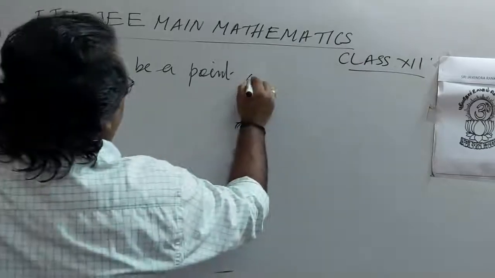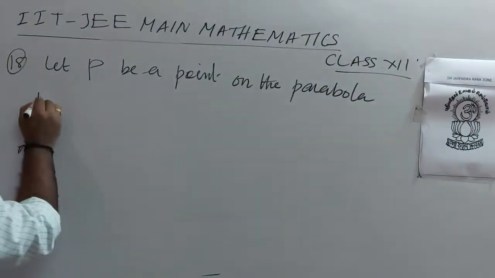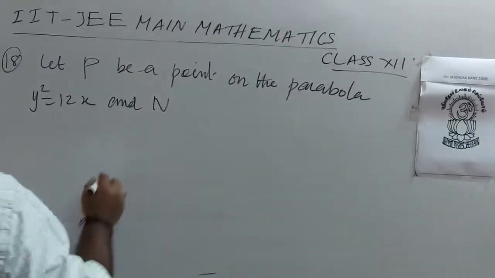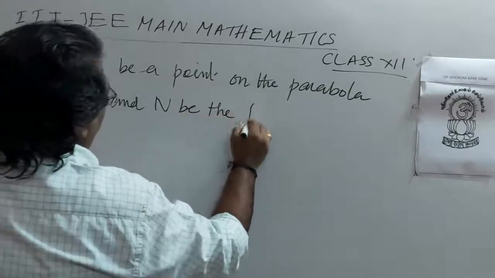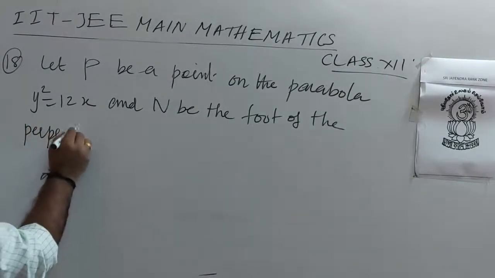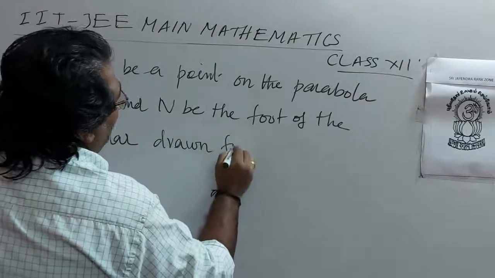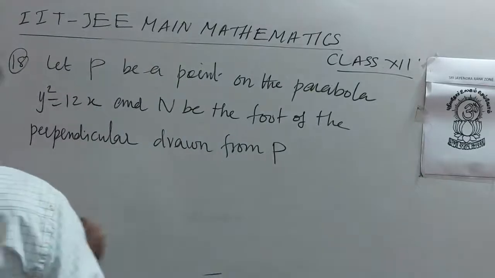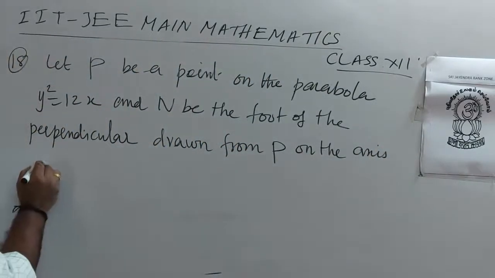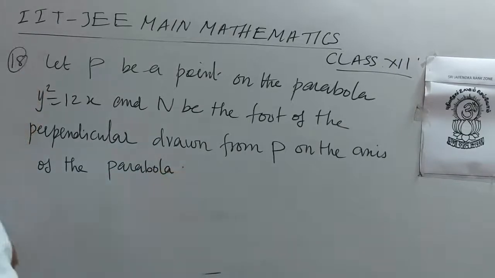Let P be a point on the parabola y square equal to 12x and capital N be the foot of the perpendicular drawn from P on the axis of the parabola.